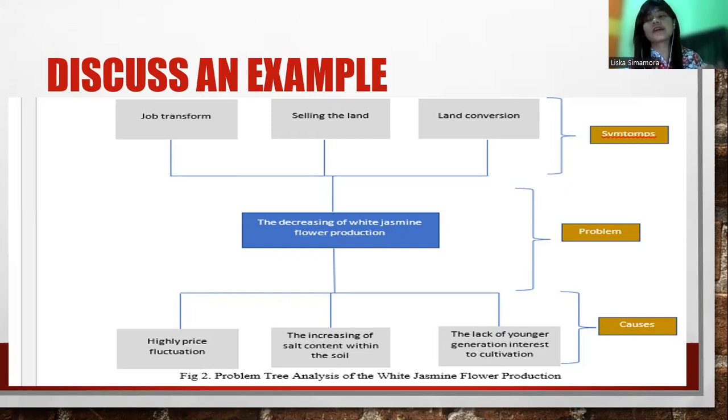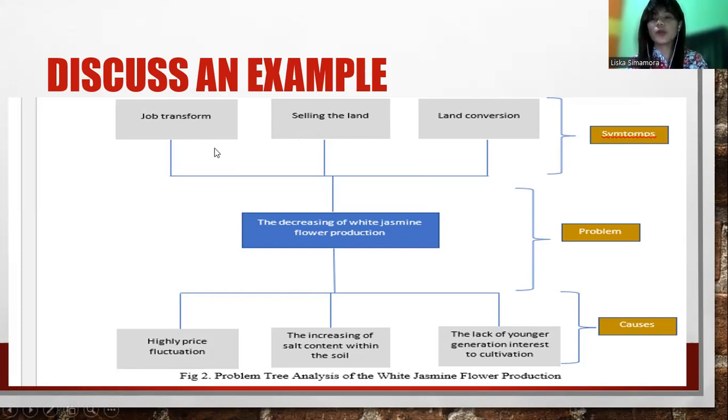That is the main problem, the trunk. And then in the third part, the symptoms, the effects, are put in the branches or leaves: job transfer, selling the land, and the land conversion.